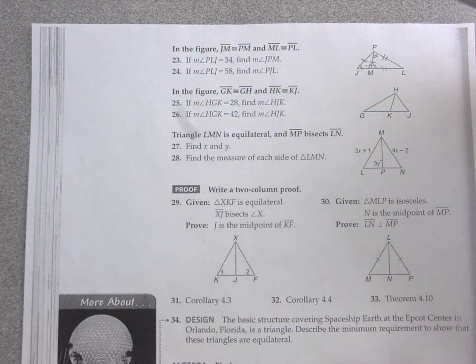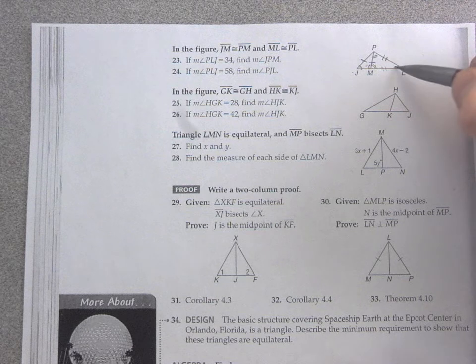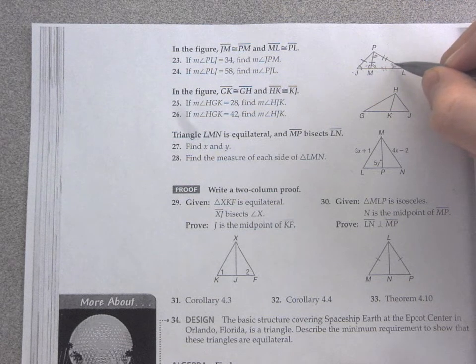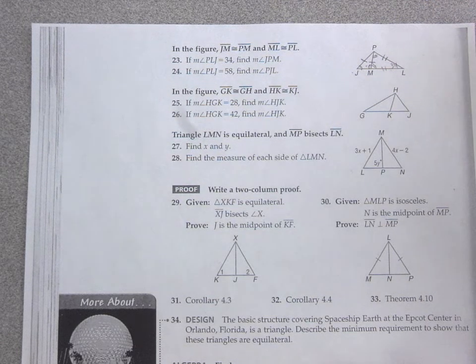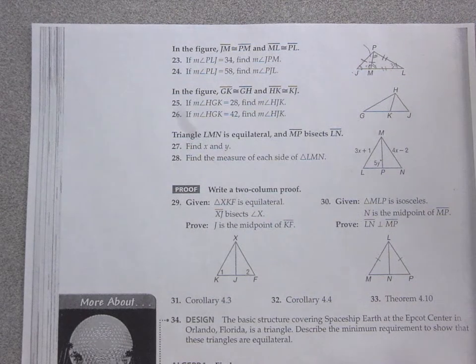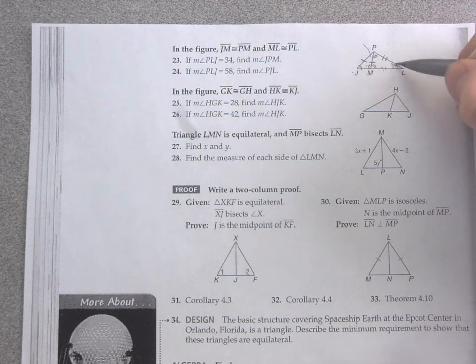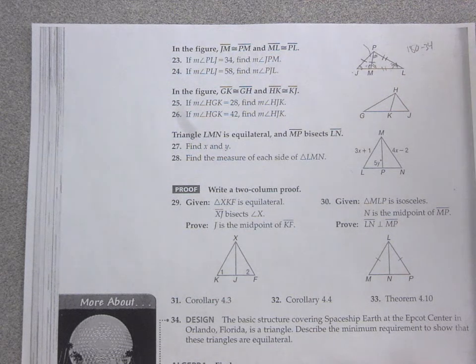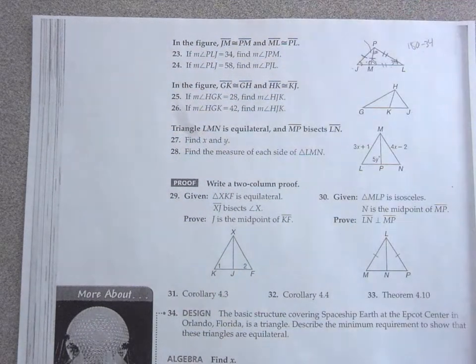Okay, so PLJ, that's this angle, is equal to 34. And we want to find the measure of JPM. That's this angle right here. Well, if this is 34 degrees, then if we do 180 minus 34, that will give us the rest of the angles together. Now there's 3 of them, but we also know that they're the same.